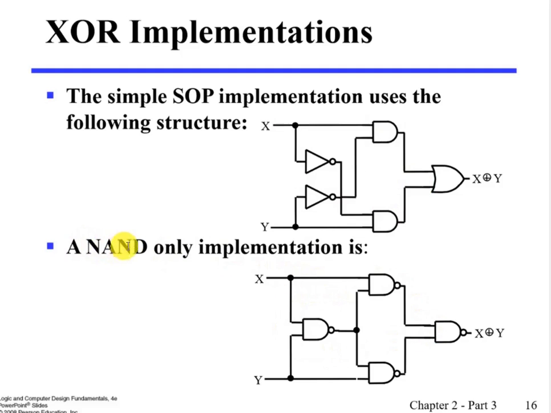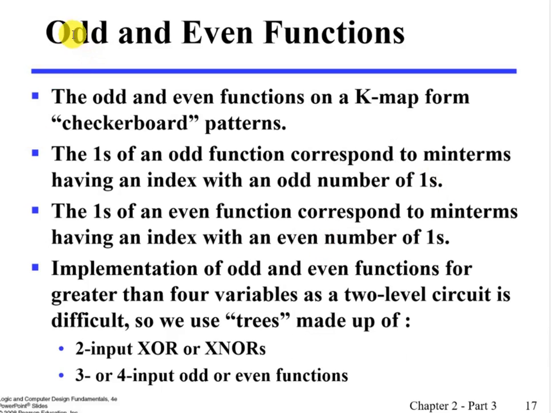We said NAND is a universal gate that can implement any other type of gate. So here we are just using 4 NAND gates to implement exclusive OR. In the sum of products case, visually we see 5 gates: 2 inverters, 2 AND gates, and 1 OR gate.